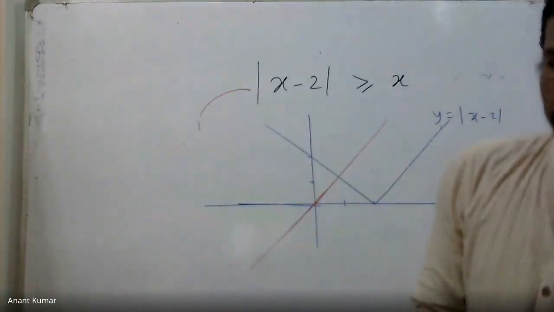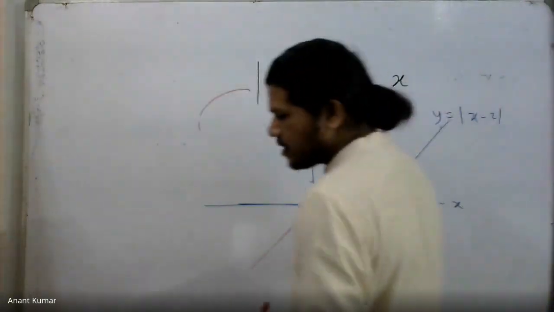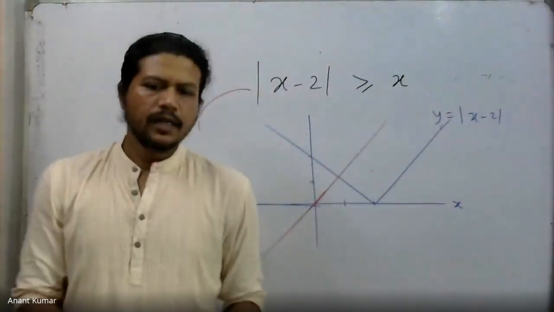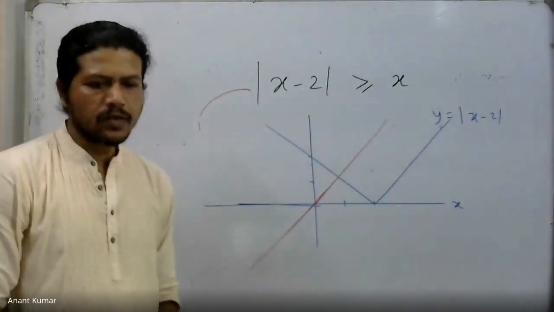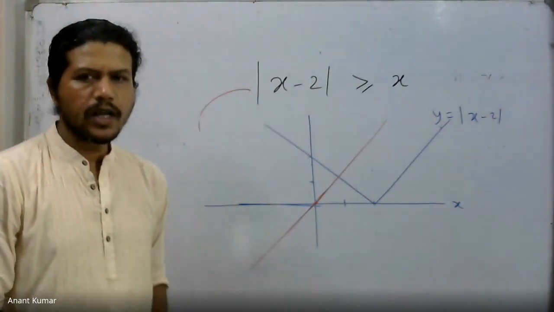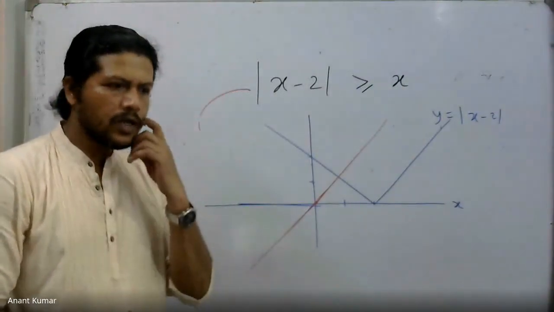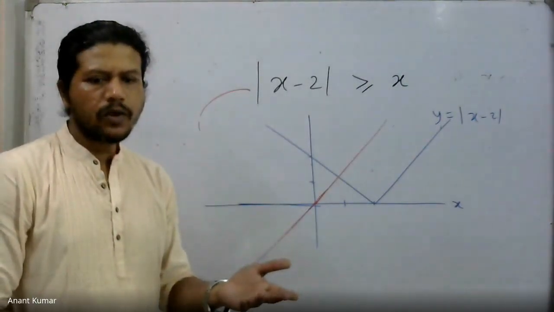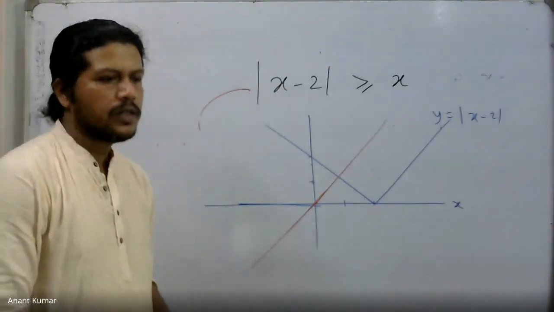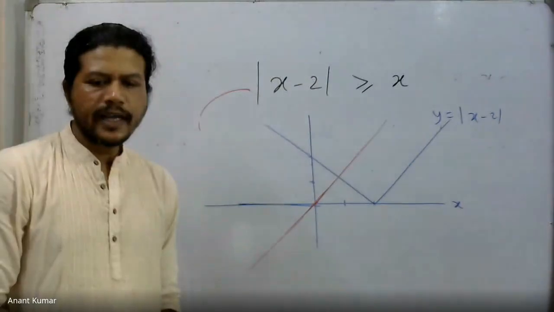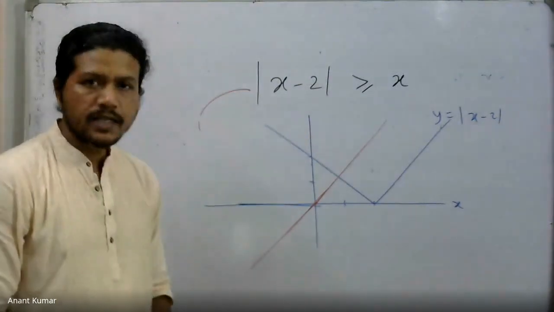At least for the mod function, as I said a moment earlier, if I consider y equal to mod x, the graph was a V-shaped curve. For x more than 0, the equation is y equal to x, which is a straight line through the origin.